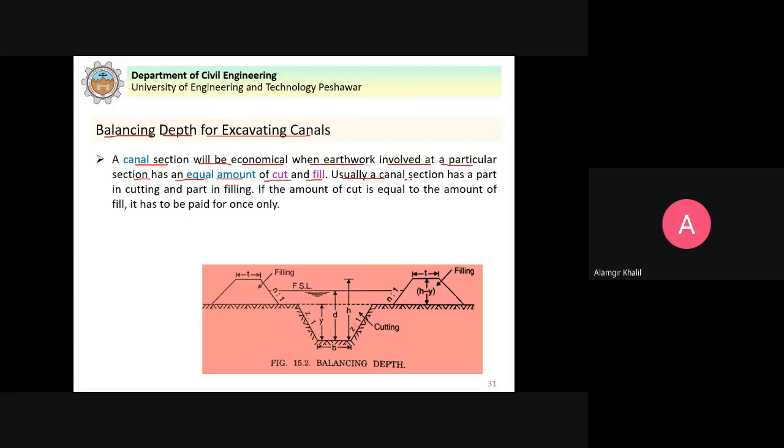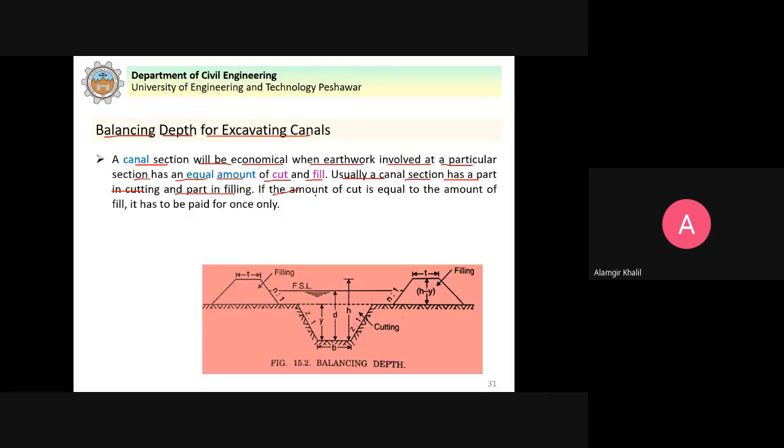Usually a canal section has a part in cutting and a part in filling. So as I said before, this is economical. If a canal section is partly in cutting and partly in filling, the material that we remove for cutting can be used for filling at another section.